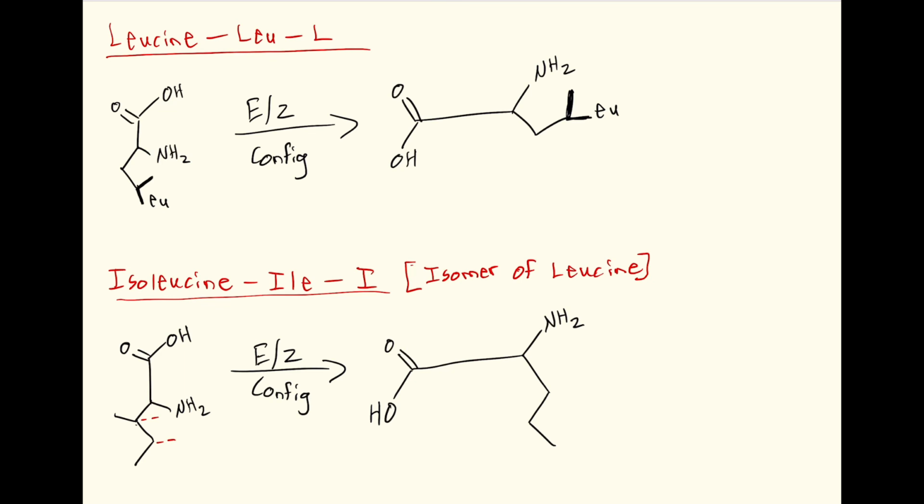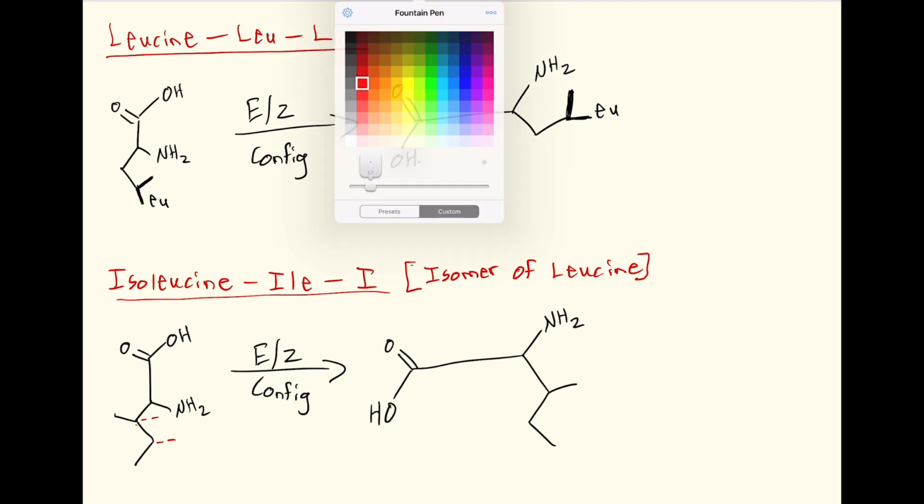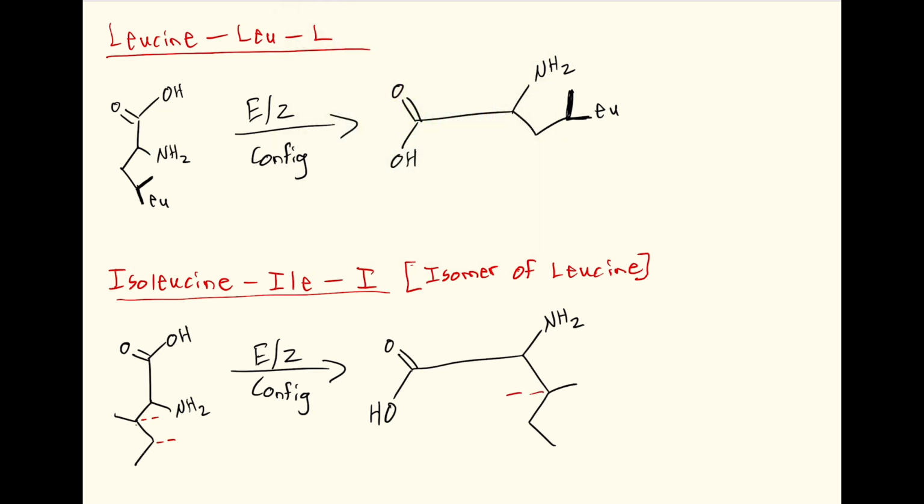And then the way to draw this, you kind of match your eyes, right? That looks like an eye. May not look like an eye, but it does look like an eye in that aspect. And there you go. That's how I draw isoleucine.